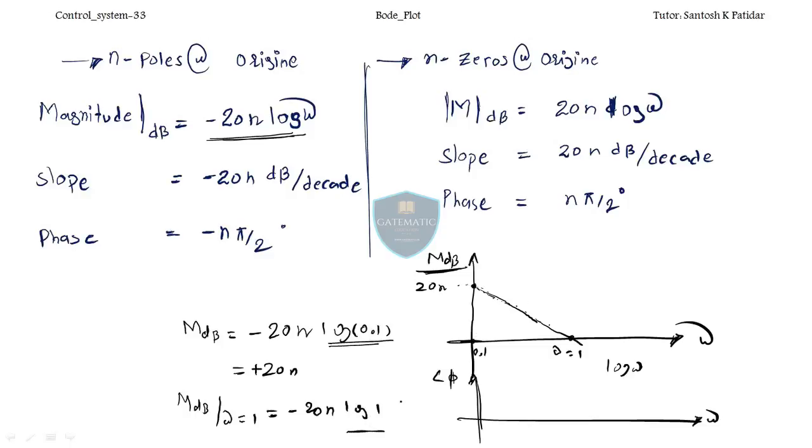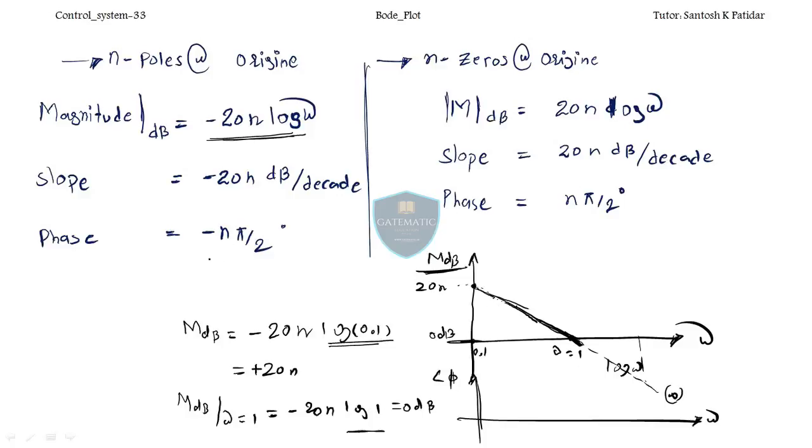So the magnitude plot will cross the x-axis at 0 dB when omega equals 1, and it will go like this up to infinity if we are not getting any corner frequency. The corner frequency we will talk about in an upcoming slide, don't worry. So this is all about the magnitude plot.